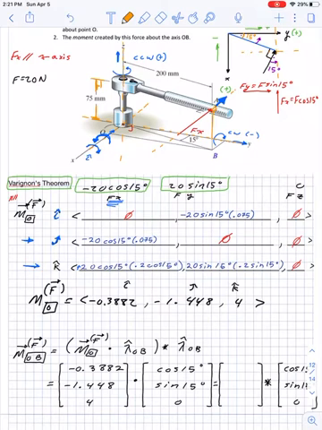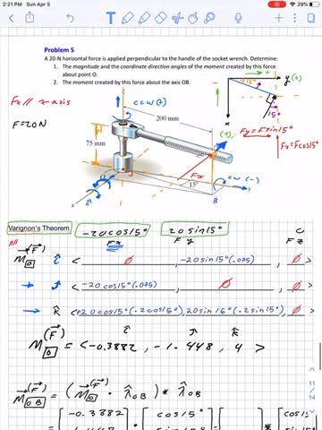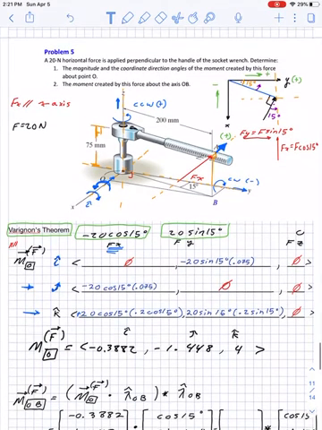So if this f of x is parallel to the x-axis, let's go to this diagram right here. If we move f of x on top of the y, we see that the minimum distance to the z-axis is just the y.